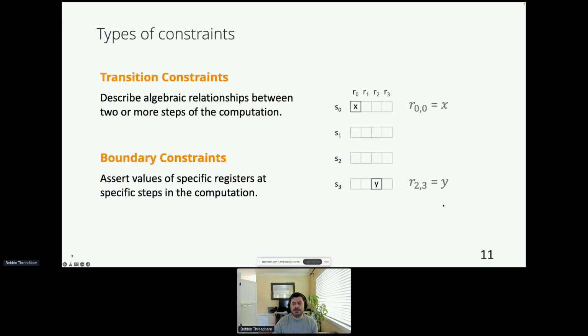Boundary constraints are usually used to describe input and output of the computation. Here I'm showing them placed against the first and the last row, but in reality they could be placed against any cell in the trace. They do come at a cost, so you probably want to impose them on as few rows as possible.